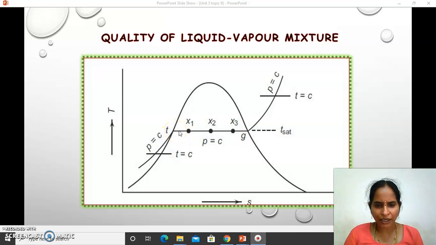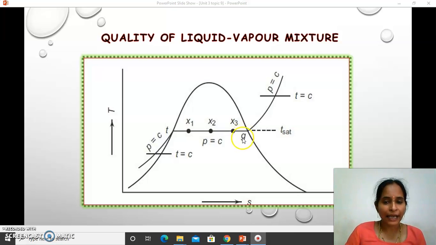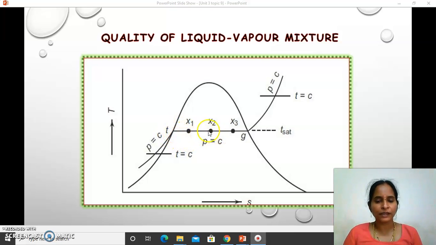When the dryness fraction line is moving towards the dry saturated line, it means that its quality is increasing. It has more and more steam than water. If your point is nearer to the saturated liquid line, then it is further away from the dry saturated vapor line.